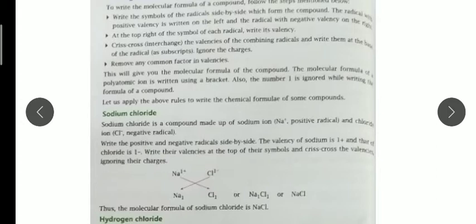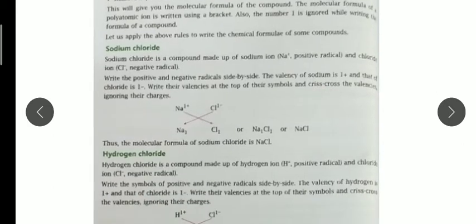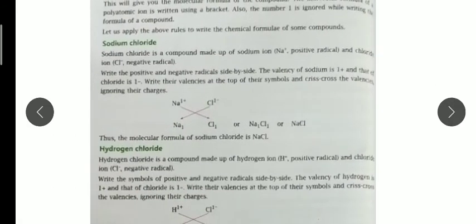Okay, so then remove any common factor. I am going to give you the example of sodium chloride, how to write sodium chloride. For sodium chloride we know the radical symbols are Na plus and Cl negative.